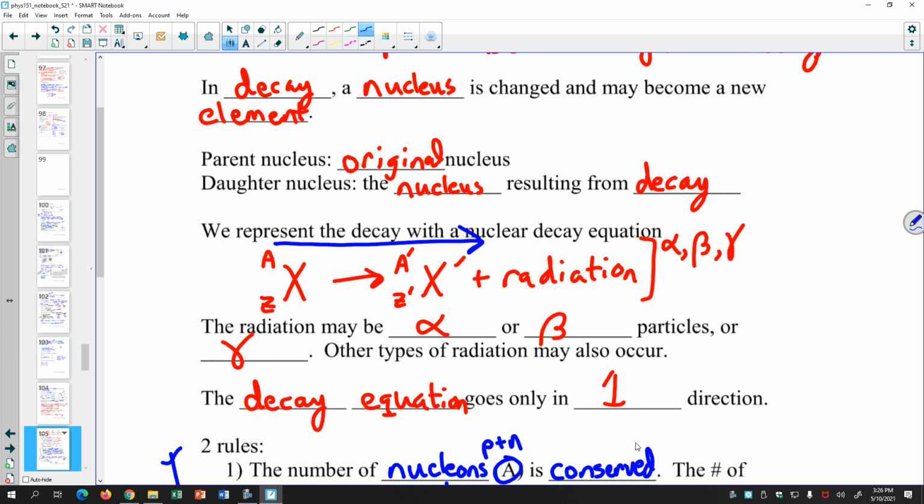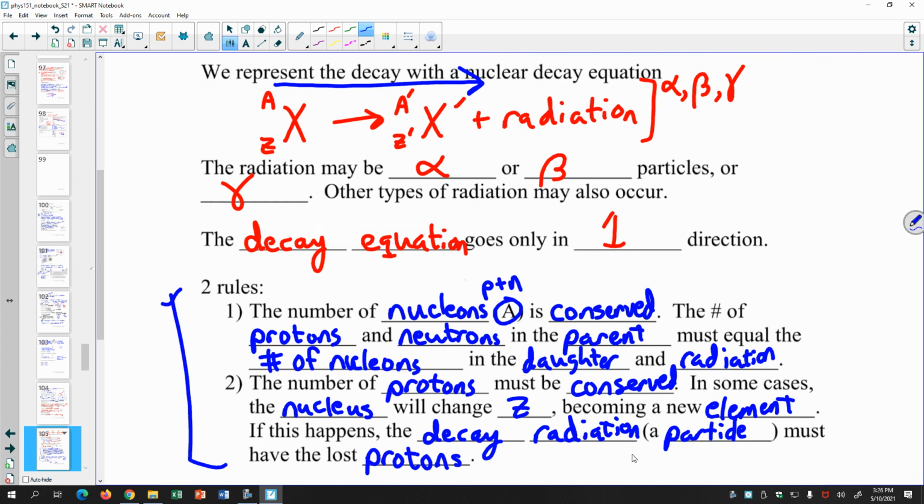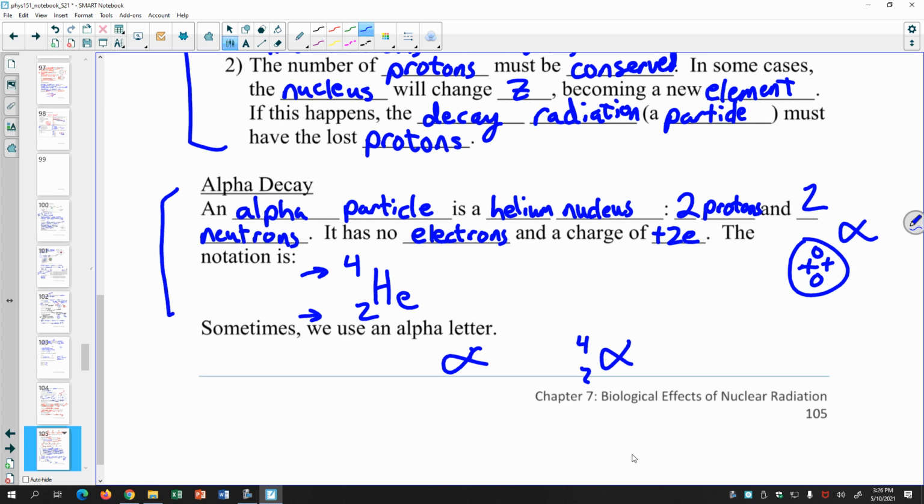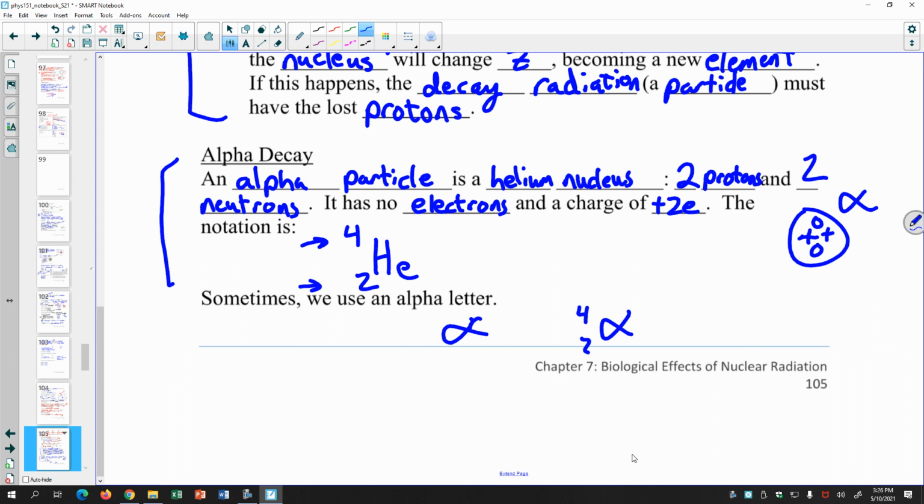And you'll need to know how to figure out what is the daughter nucleus, or I might ask you what is the missing particle or radiation in this equation. Well, we've done those before. Or maybe how many neutrons or how many protons are in the daughter. So make sure you know those, because that's going to be a big 5, 6, 7 questions out of 48 total. So that's significant. That's more than a letter grade.